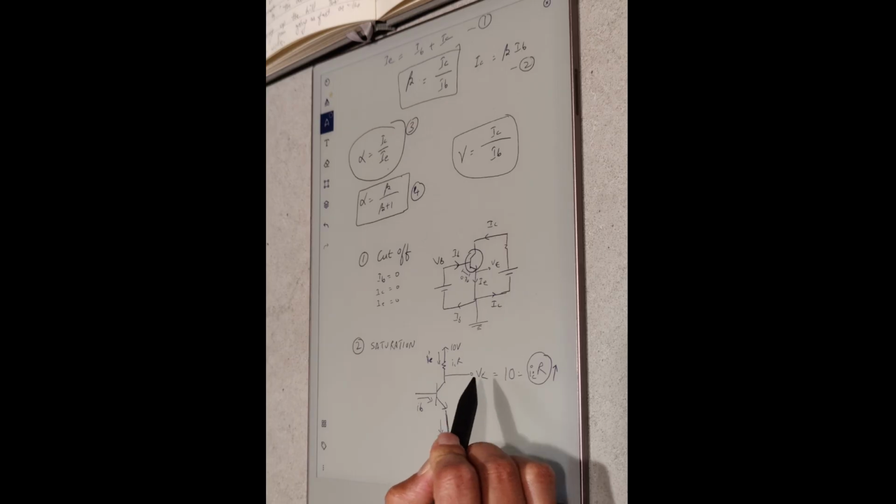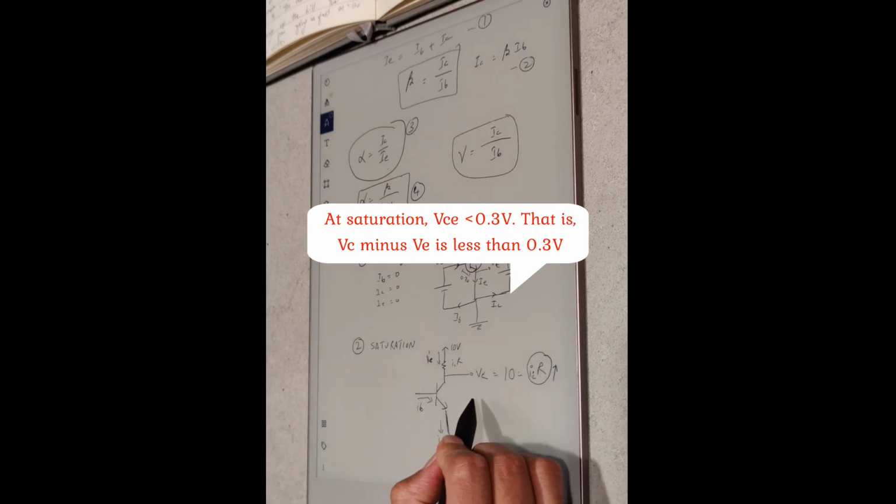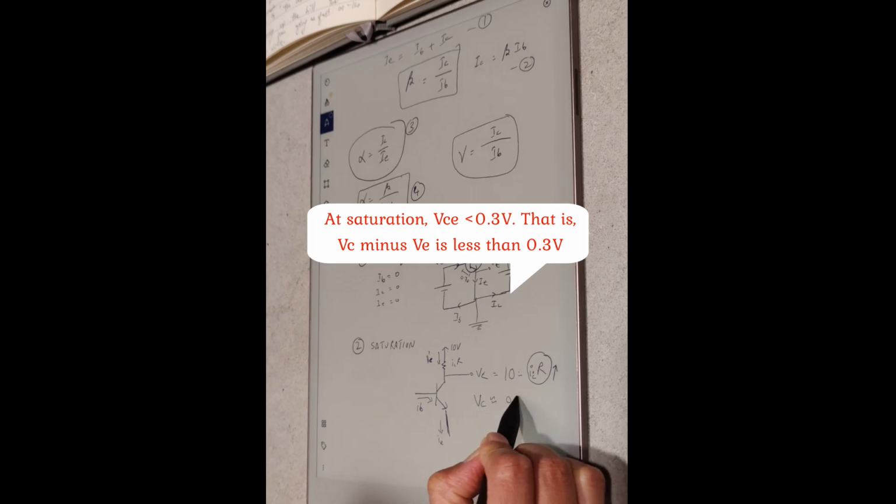In reality, you don't have to wait until VC becomes 0. At saturation, the value of VC is somewhere equal to 0.3 or 0.4 volts.